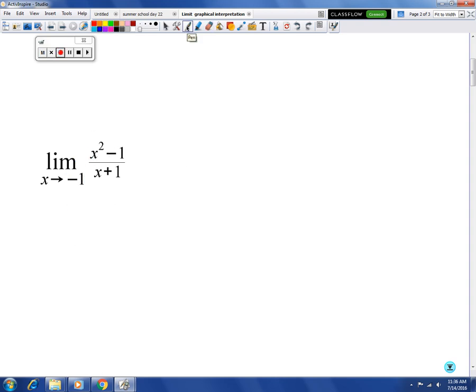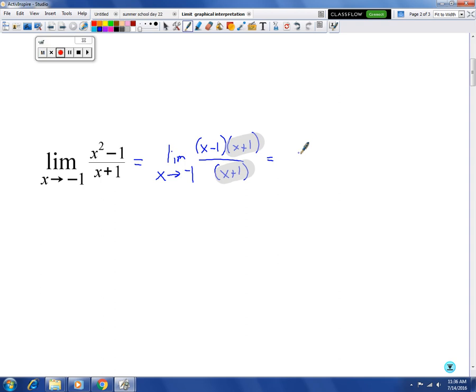Just like the first problem, we can actually factor this. So I'm going to rewrite this the same way. I'm going to factor the x squared minus 1 to x minus 1 times x plus 1, and we have an x plus 1 in the denominator. So I'll cancel out the x plus 1s this time.